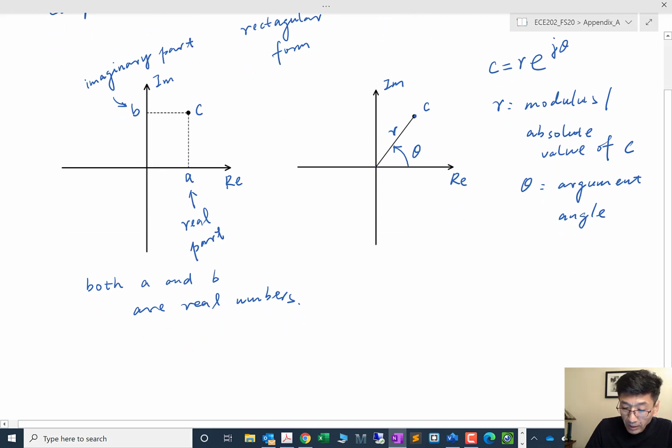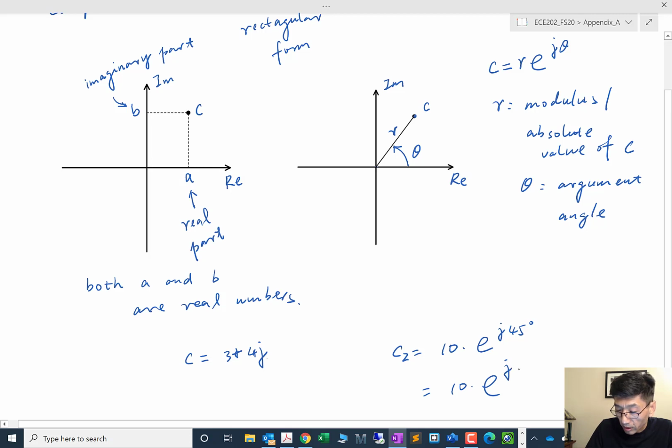Let's say I have c equal to 3 plus 4j. In this case, the real part would be 3 and the imaginary part would be 4. So a would be 3, b would be 4. If you have another number, let's call this c sub 2, where the distance is 10 and the phase angle is e to the j 45 degrees, or you can use radians, that's also fine.